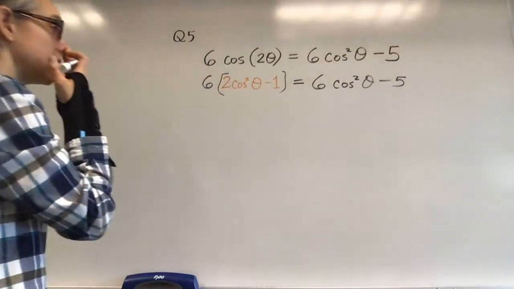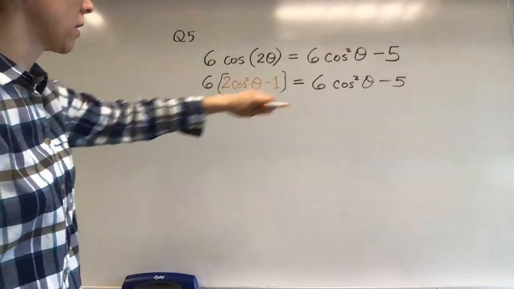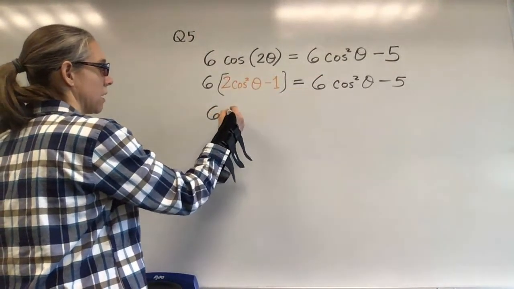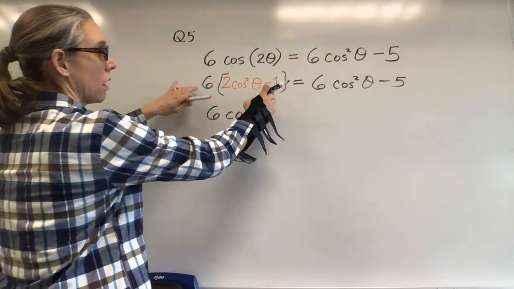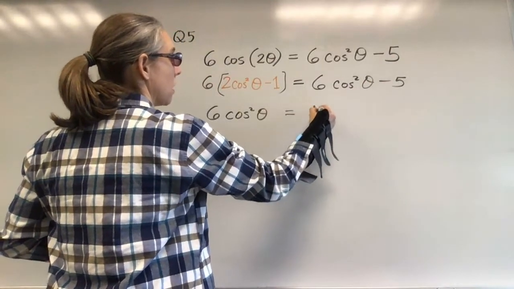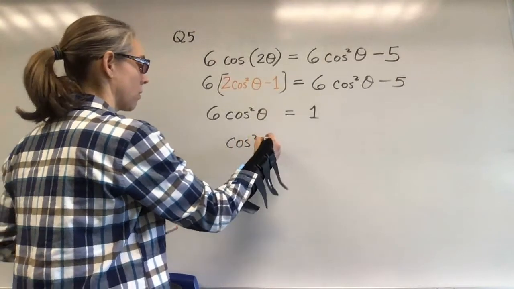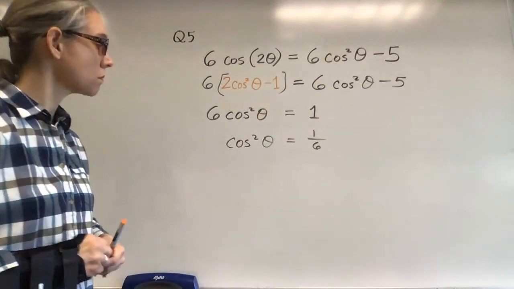Okay, so now we just need to clean this up a bit. We've got a 12 cosine squared, a negative 6 cosine squared, so that nets us a 6 cosine squared. This is a negative 6, and a negative 5 gives us a positive 1. So now the cosine squared of theta is equal to 1 over 6.